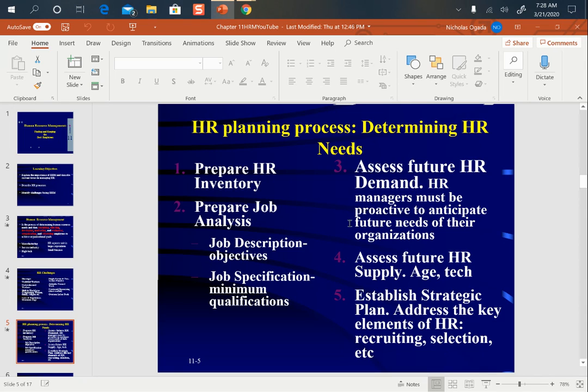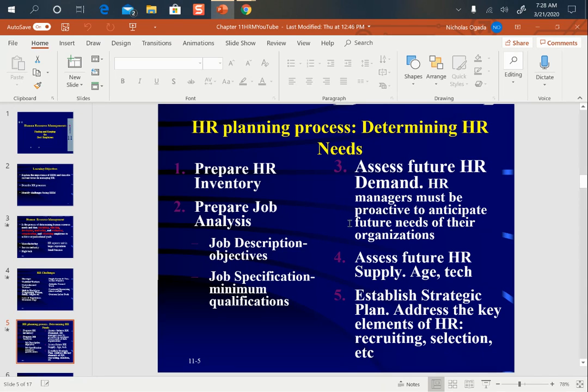Then four is to assess the future HR supply. So you have identified the need in the next 3 years as part of step three. Step four is to look at the supply side. So we have identified the demand. What about the supply side?